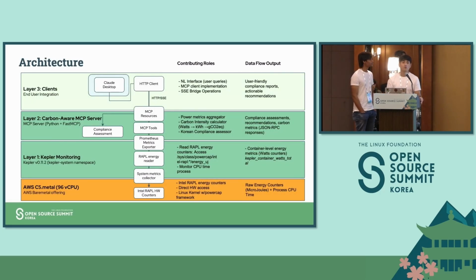Now, let me explain how I divided this demo into layers. Layer 0, the main layer, is the AWS C5 bare metal. That's going to be the raw data. As Prakash explained before, Intel RAPL will show the counters in microjoules about the running workloads. Now layer 1, Kepler monitoring.